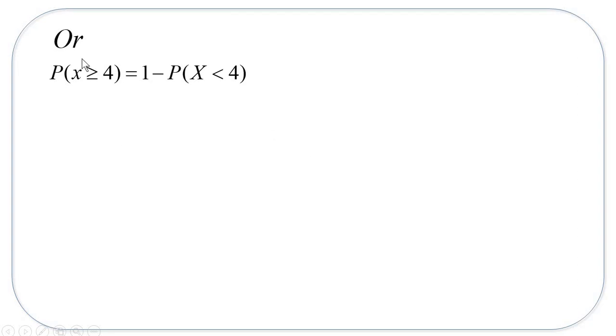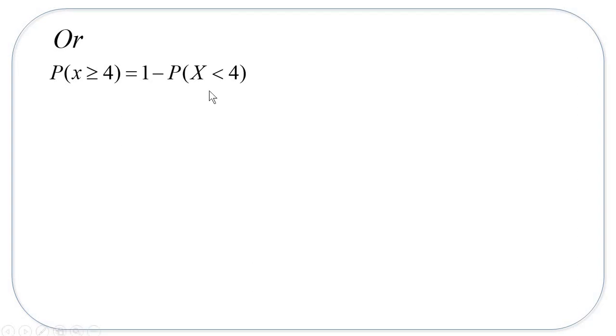There is another way to use the calculator. P of X greater than or equal to 4, that is from 4 to 16 you have to add, isn't it? And it takes too much time for the calculator to process the answer, and you can use this method and you will get the answer in an instant.